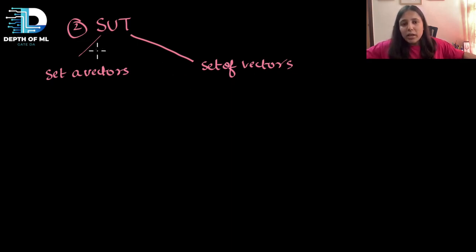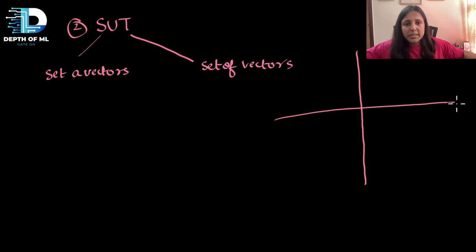Let's check that. So I'm going to give you a very visual representation of this. Suppose that you have this two-dimensional R2, and you have two subspaces.